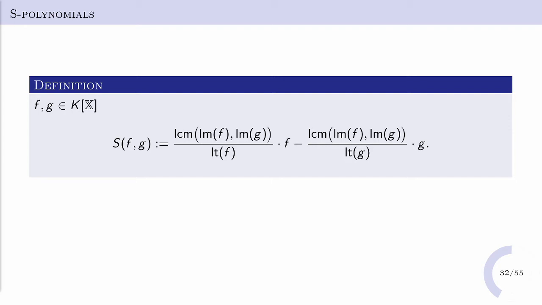I remember that Bruno Buchberger, who invented the whole theory, admitted that his motivation for developing this theory came from two sources. One source was the Gauss elimination, that we have already observed. The other source was the Euclidean algorithm.